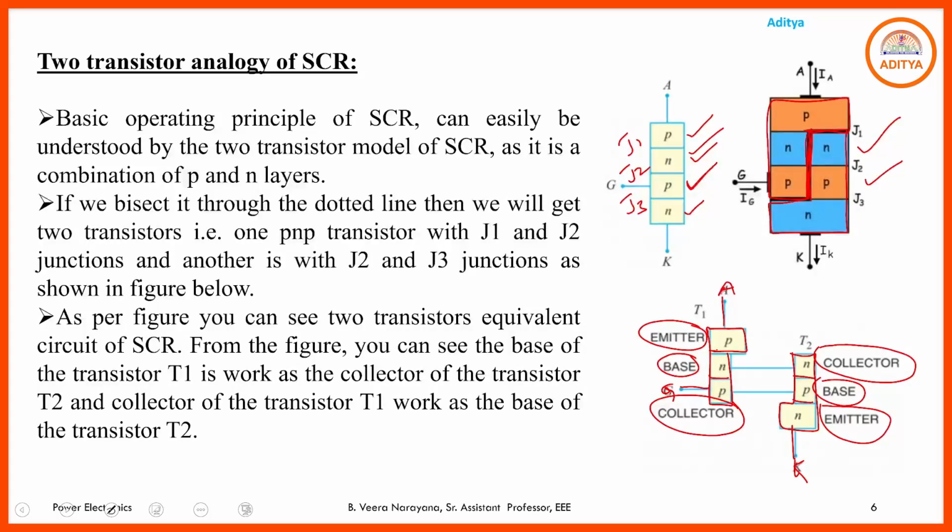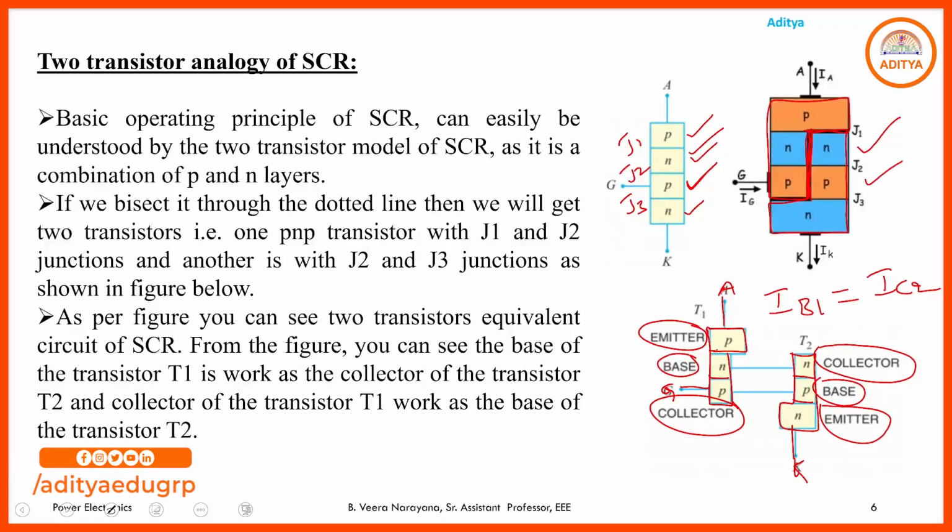In this, the base terminal of the first transistor is connected to the collector terminal of the second transistor, and the collector terminal of the first transistor is given to the base terminal of the second transistor. So the base current of the first transistor is the collector current of the second transistor.